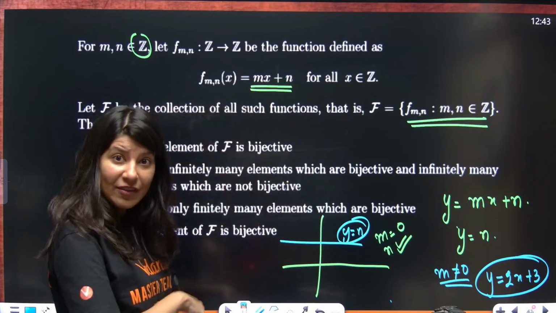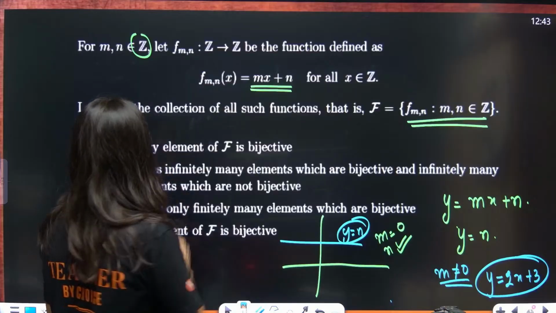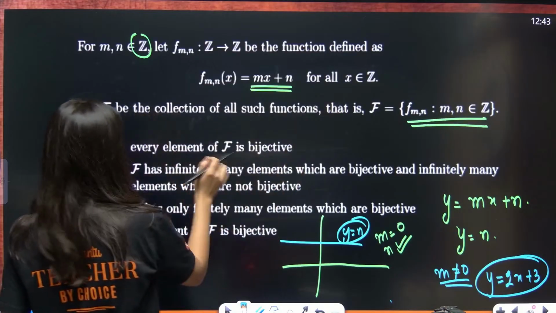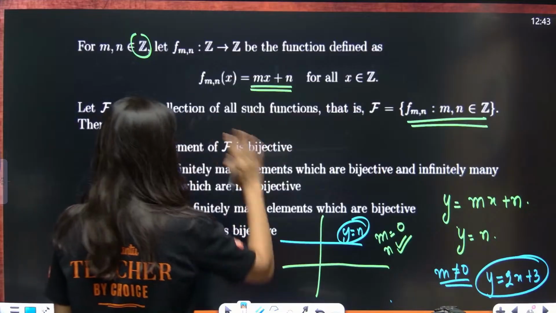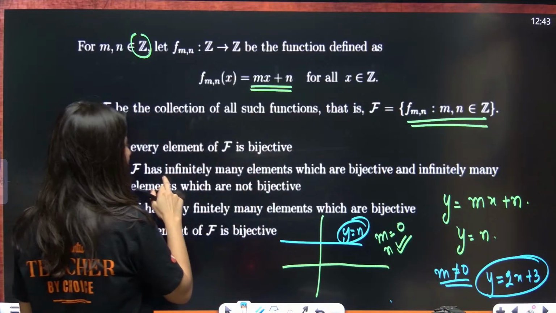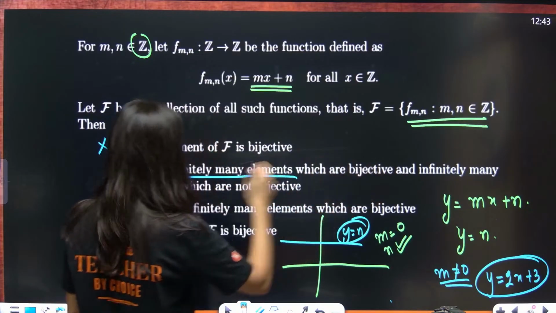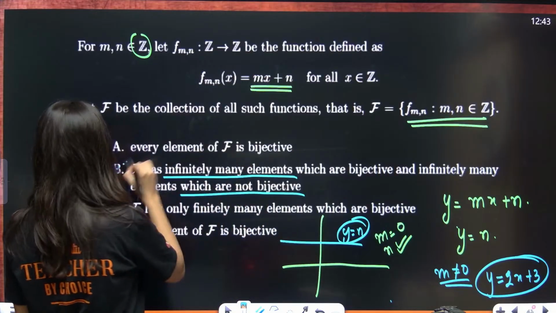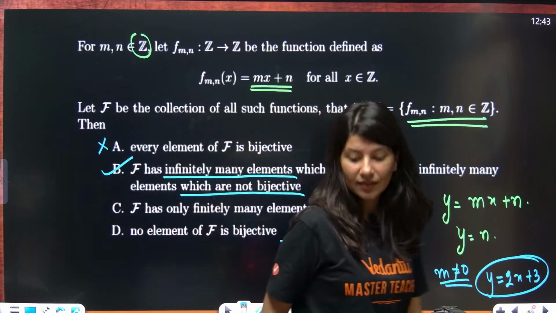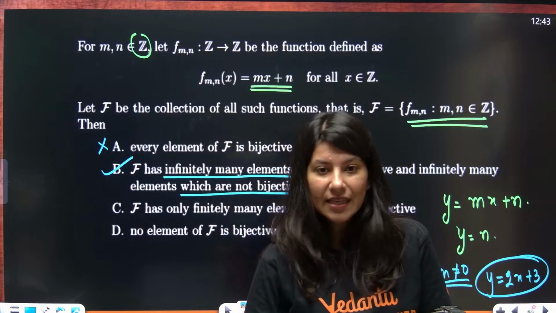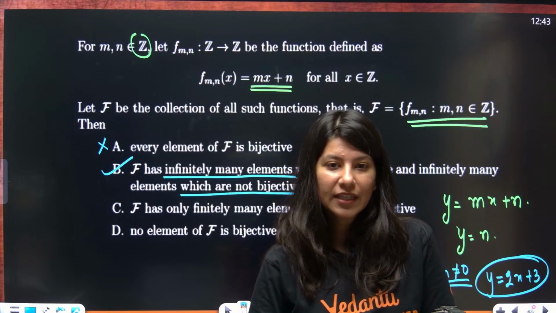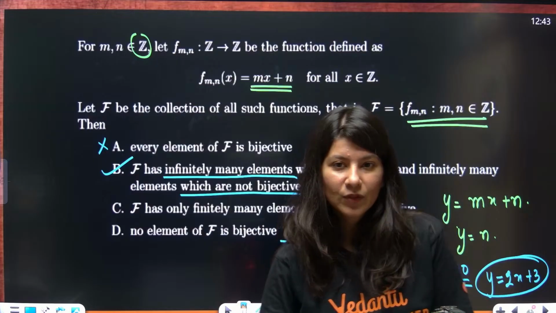So there will be infinite bijective and infinite non-bijective functions in this set. So option A is wrong, that every element is bijective. F has infinitely many elements which are bijective and infinitely many which are not bijective. Option B is absolutely correct. Good answer, good question.